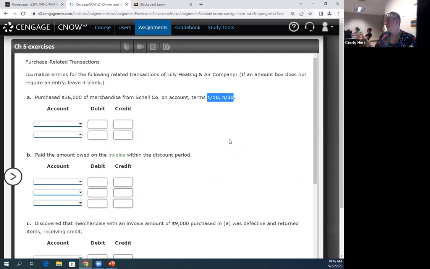And a 1% return for only paying 20 days early is a really good return on your investment. Even if you had to borrow that money, you're never going to be paying that kind of an interest rate on the money you borrow. So unless there's something really unusual happening in your company, if you're offered payment terms that involve a discount, you're better off to take that.